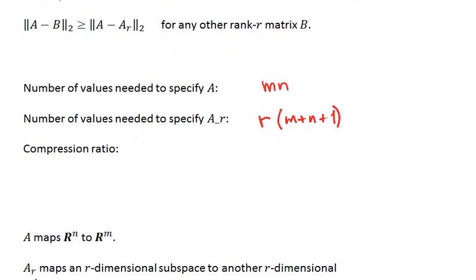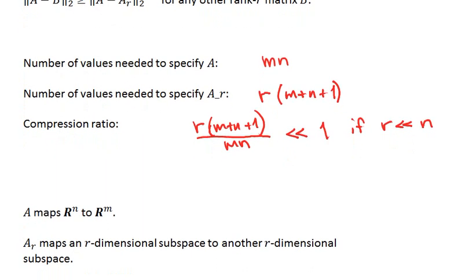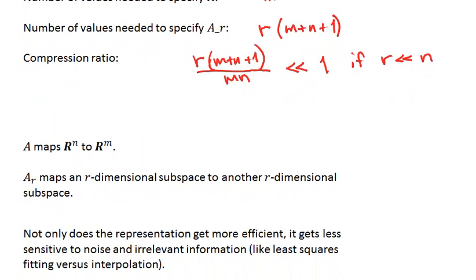So the compression ratio, if you like, is the ratio between these two. And that should be much less than 1 if r is much less than, well, the smaller of the two dimensions, n. So that's one thing we can do with it.